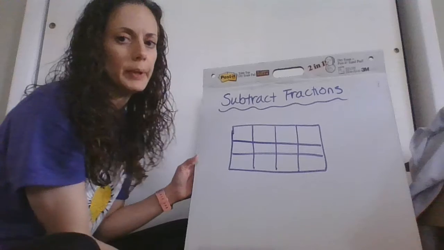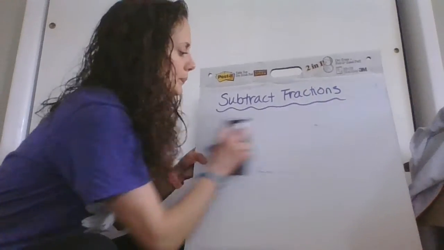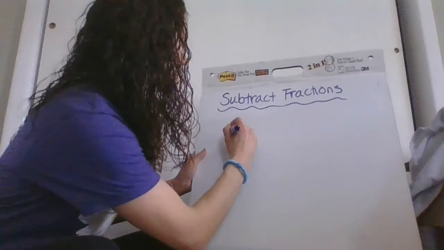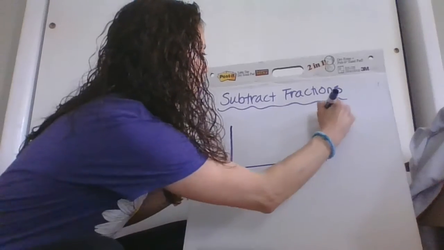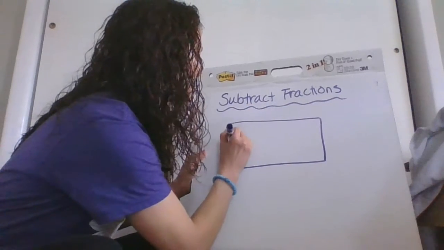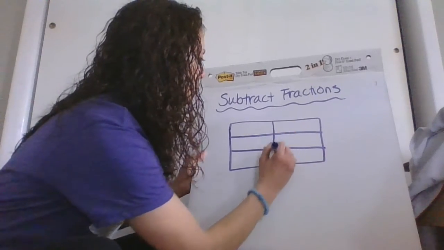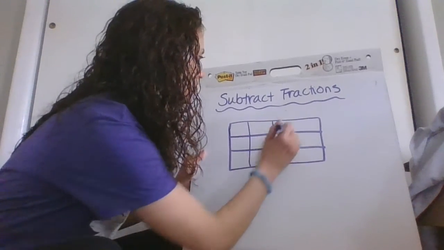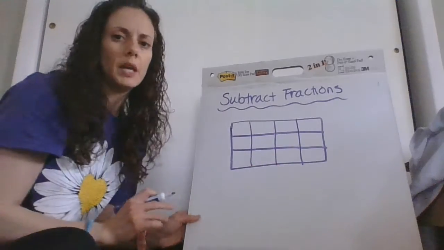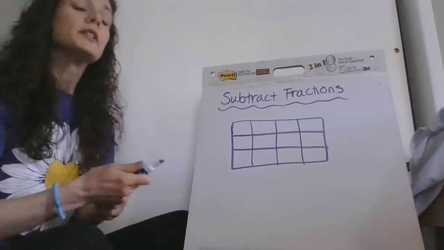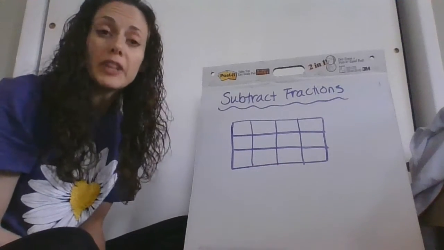Those aren't really equal, but I'll do it again because I want to make sure that it's clear here. Okay. Not perfect, but better. Okay. So I cut it into 12 equal parts.